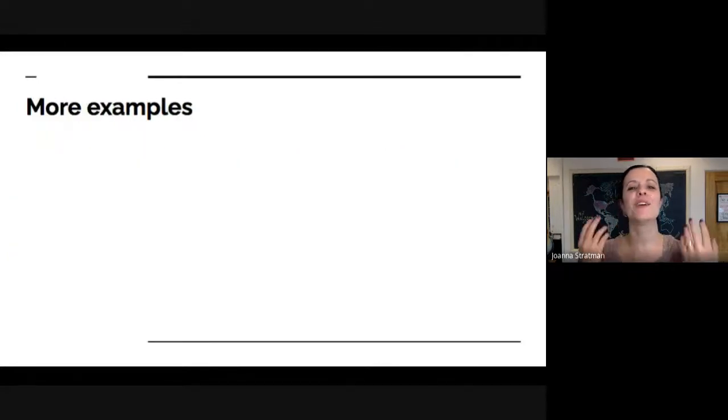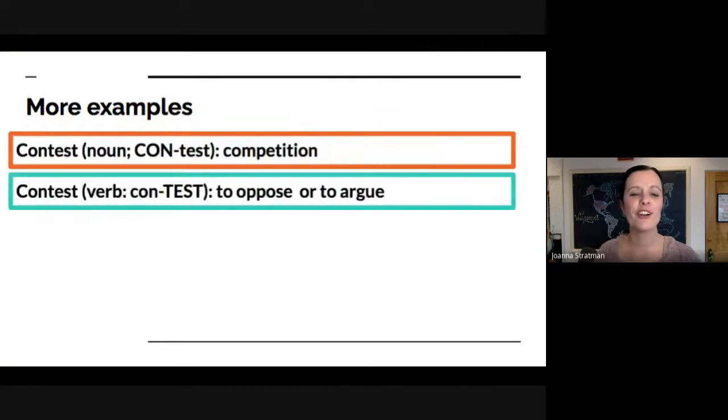Let's look at some more examples. Here we have the noun contest. Contest is another word for competition. Next, we have the verb contest.